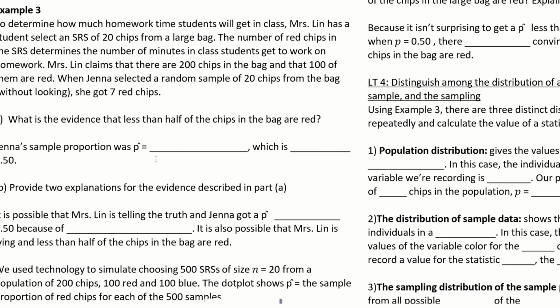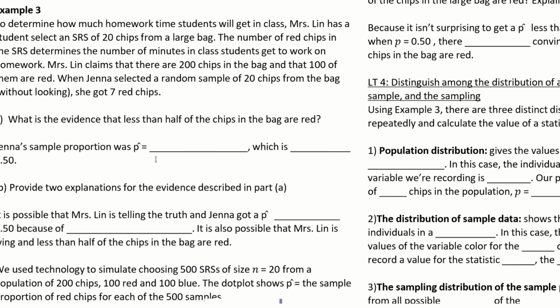So the first thing we want to address is what is the evidence that less than half of the chips in the bag are red? Okay, so what does that look like? First off, Jenna only got 7 red chips out of 20, and 7 out of 20 is less than half.